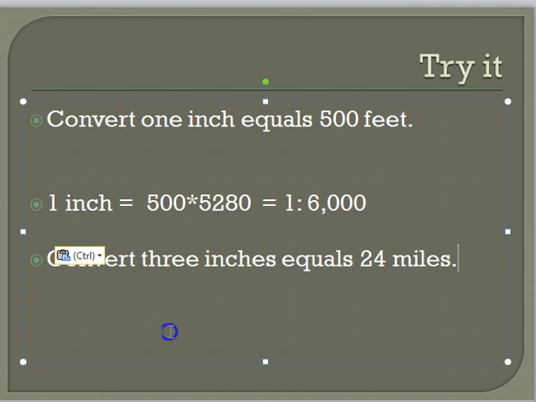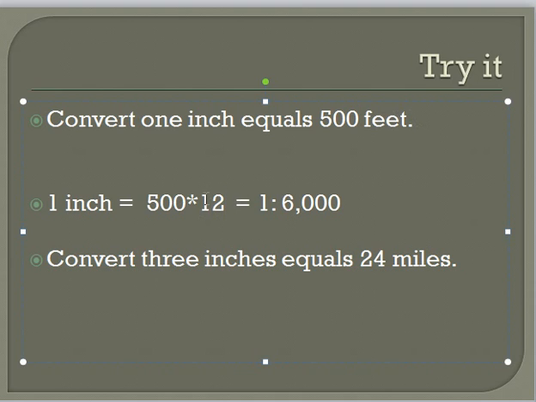Okay, so for the first one, hopefully you paused and did that. If I take the 500 feet, wait a minute, okay, that was a typo. So I want to convert feet to inches.